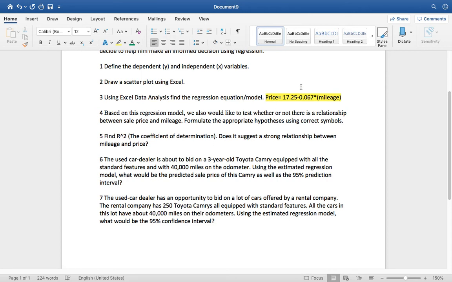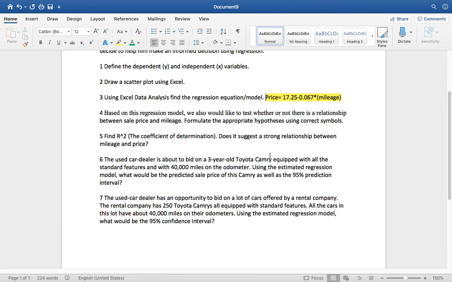So basically, for the predicted sale price, all I have to do is say, okay, they've got a car with 40,000 miles. They want to predict what it's going to go for. This is a future event. They're looking at just one car, a single car. And they want to predict what it's going to be worth in the auction when it takes place, maybe tomorrow, maybe in an hour. They want to predict how much the car's worth.